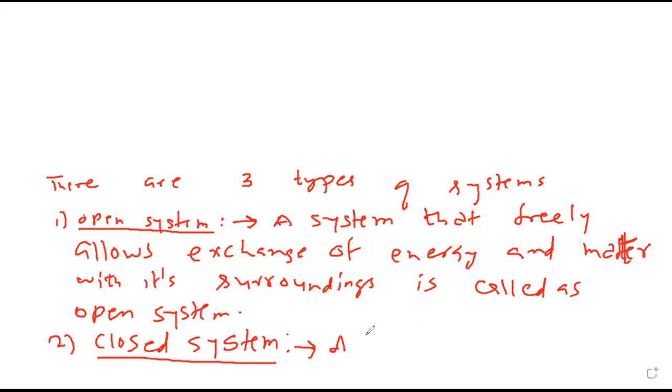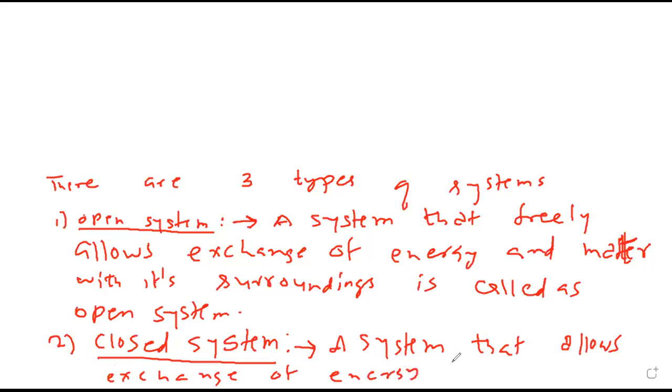So a system that allows exchange of energy but not matter is called a closed system.